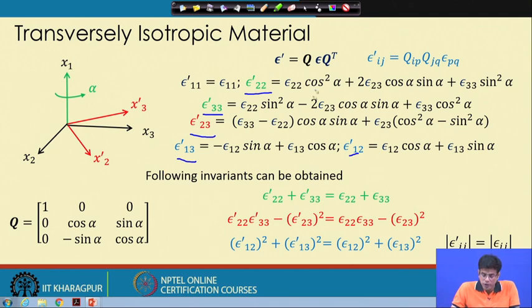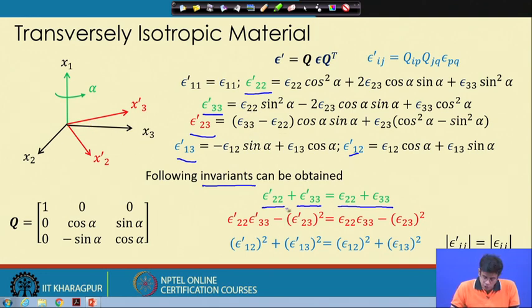Now if you look carefully, what is the relation of the strain components in these two coordinate systems? You will see that epsilon 2 2 prime plus epsilon 3 3 prime, the sum of these two strain components, will be equal to the non-prime components. So this is an invariant about an axis rotation.